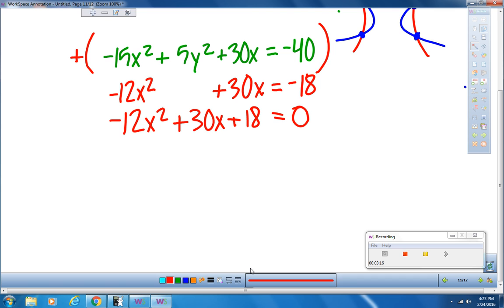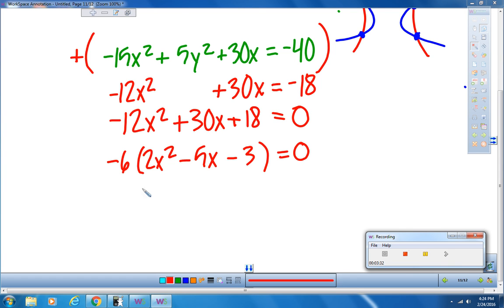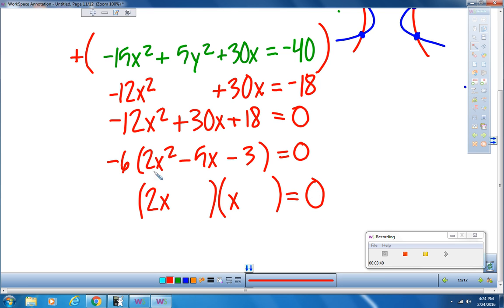This has a GCF of -6, and I have 2x squared minus 5x minus 3 equals 0. Next I can factor to get 2x and x being factors of 2x squared. And I know that factors of -3 are -3 and 1.